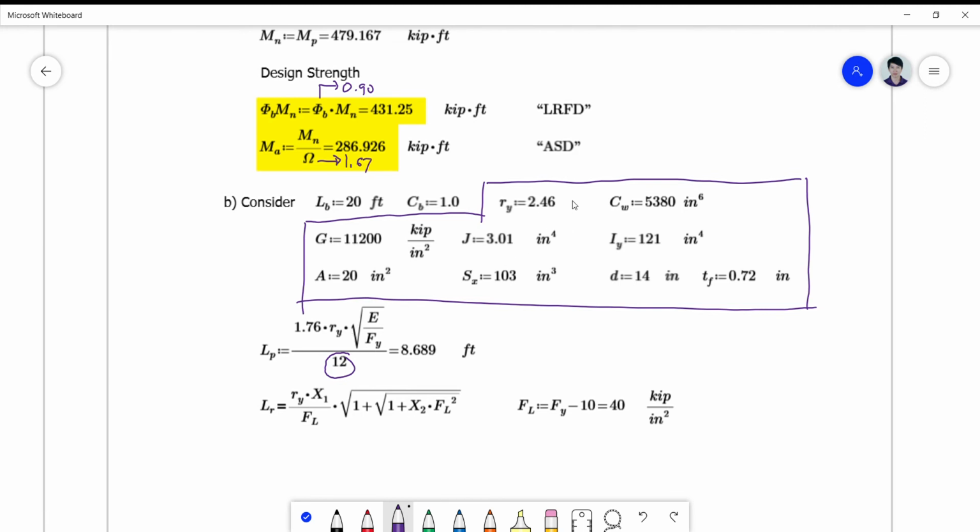Okay, so this is in terms of inches. So we now have the value of the LP property equivalent to 8.689 feet.